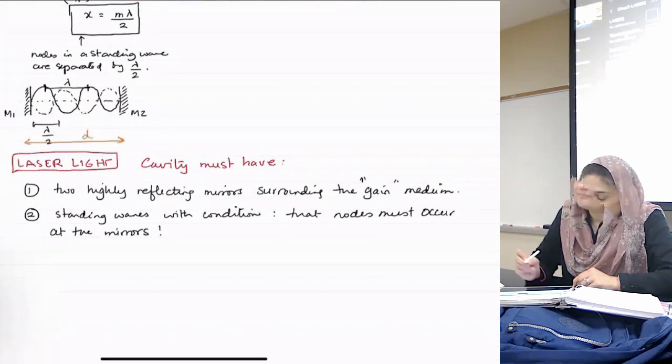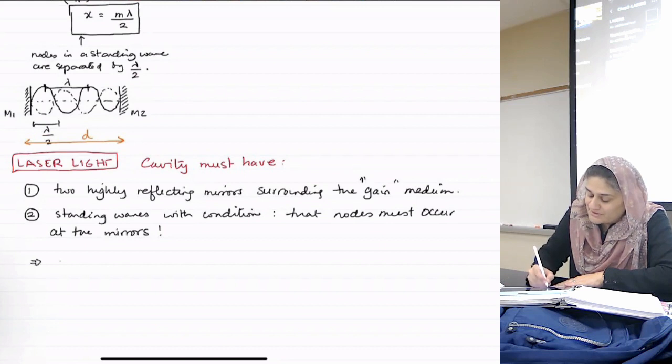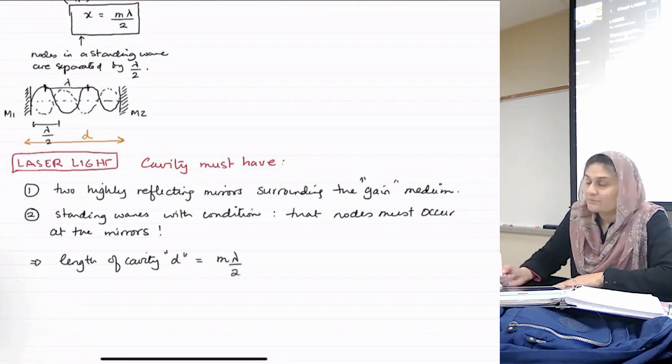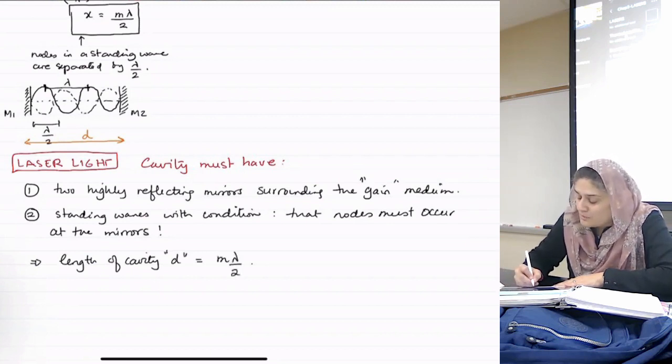Let's call it B. Implies length of cavity D must equal m lambda over 2, where m was our integer, right?